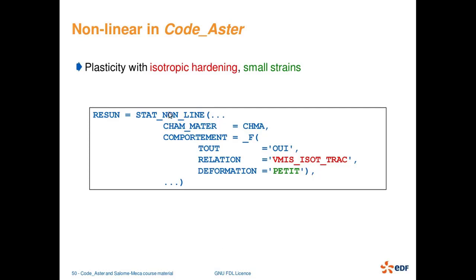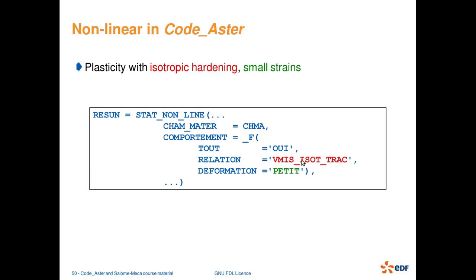And then in order to have the actual nonlinear solution, the operator used is the STAT_NON_LINE operator, the nonlinear static solution, where I have to give the material, and I have to give the type of behavior I want, and that is indicated by the keyword comportement. Comportement means behavior, and the relation is von Mises isotropic, and this stress-strain traction.